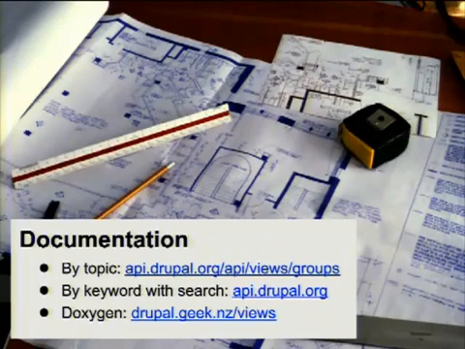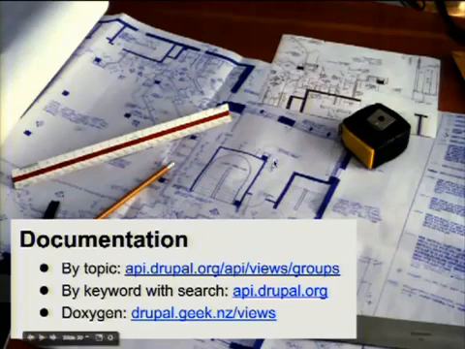So this is a useful URL to write down. That topical documentation is very well presented and very, very useful. It's a great way to dive into some of the concepts of Views and get your head around them at a more general level.